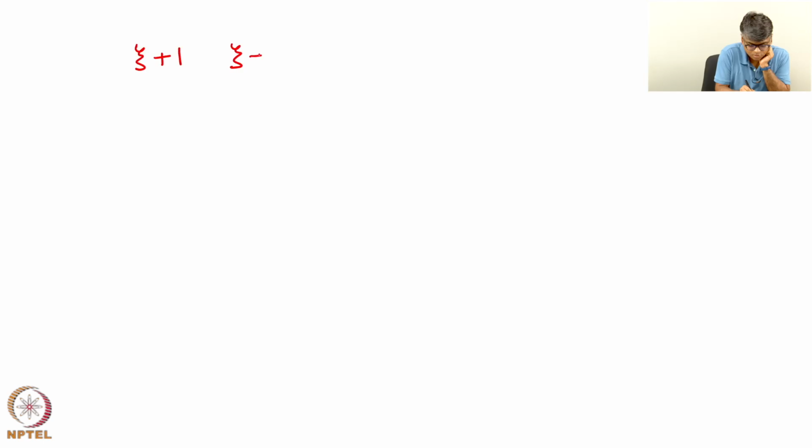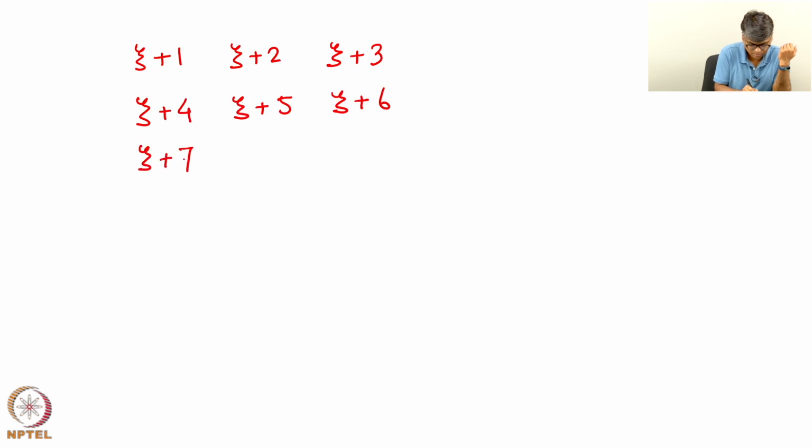So we have xi plus 1, xi plus 2, and xi plus 3; xi plus 4, xi plus 5, and xi plus 6; then xi plus 7, xi plus 8 and xi plus 9.